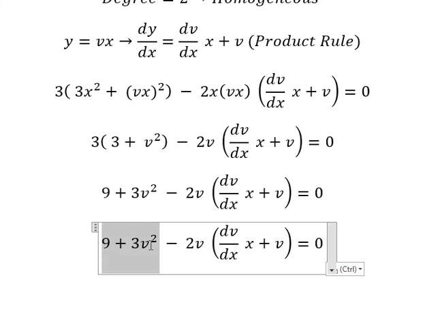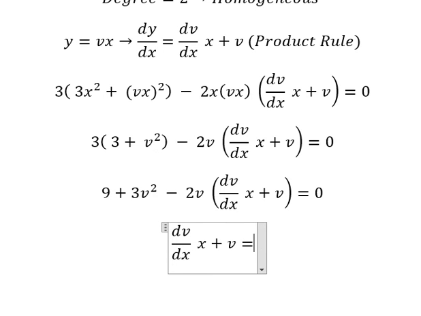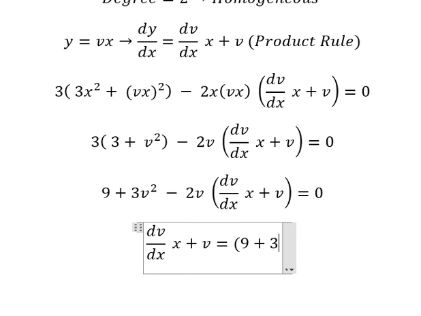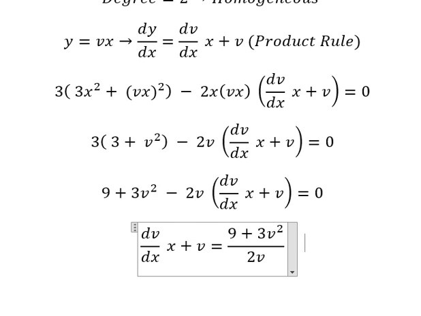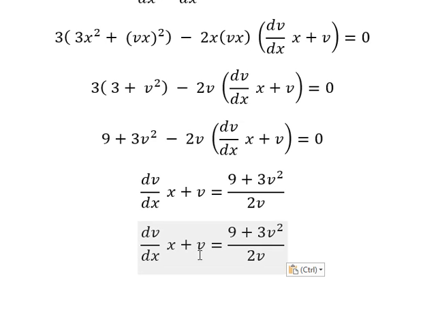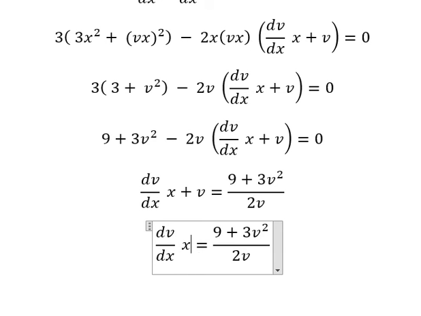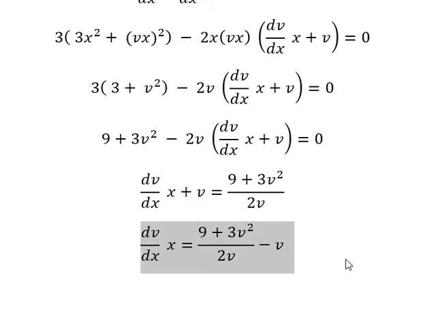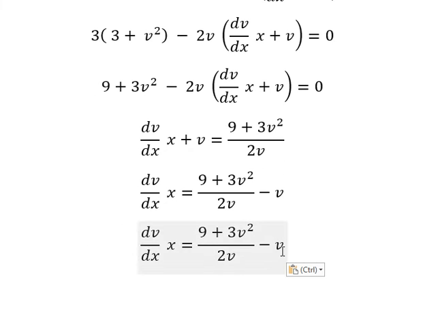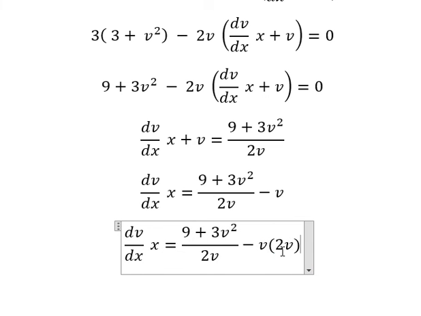Later that I will put this one go to the right and we divide both sides by negative 2v. Next, I will put v go to the right and we have negative v. Later that we do common denominator.